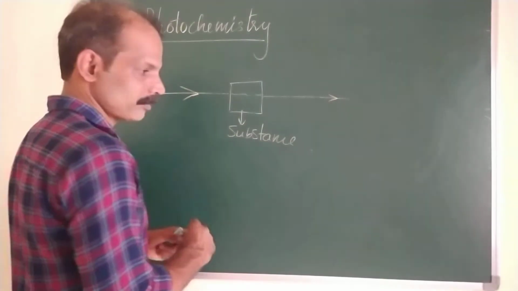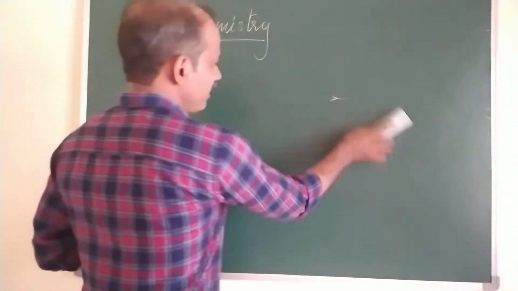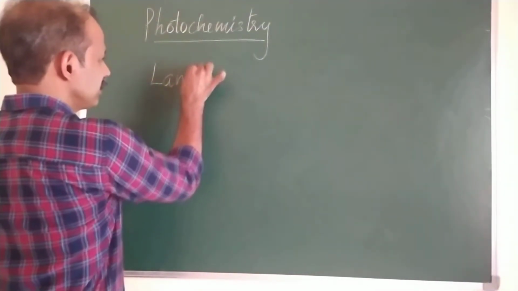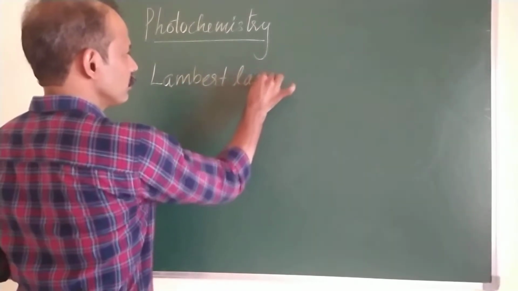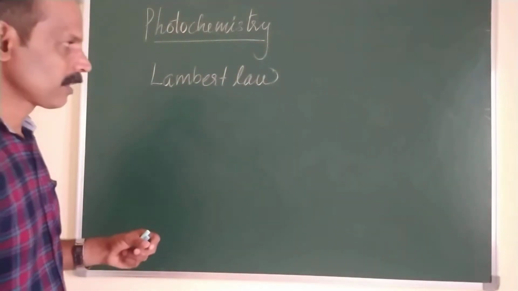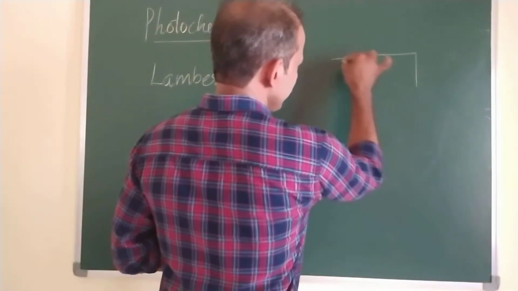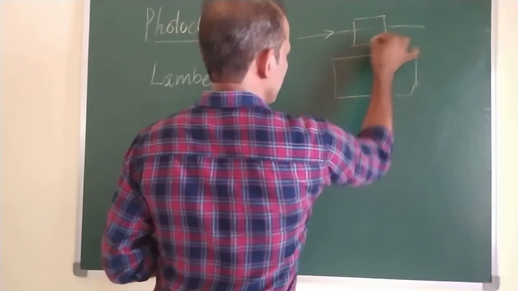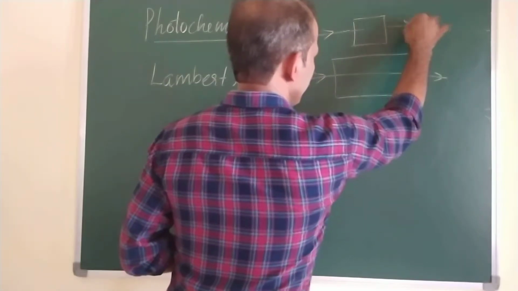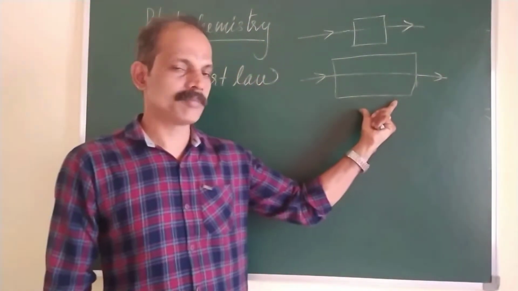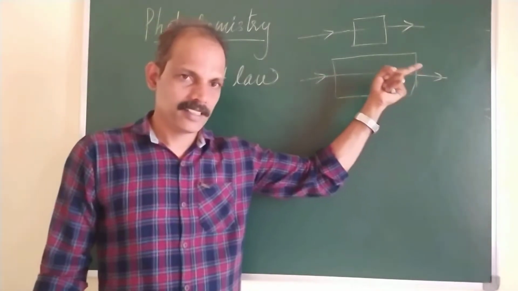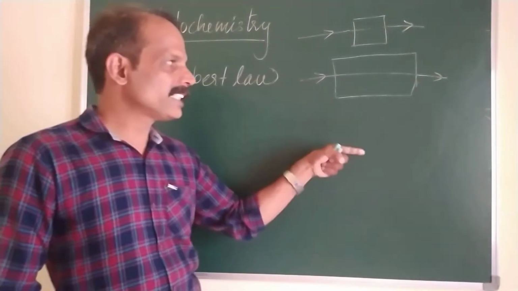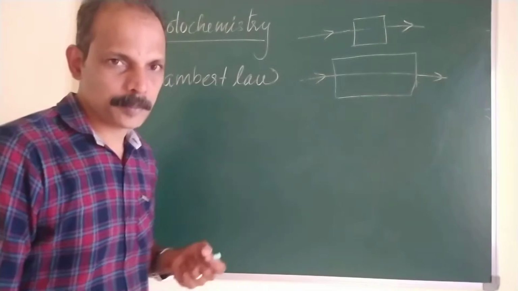Beer-Lambert law. First one is Lambert's law. As the thickness of the medium through which the radiation is passing increases, the intensity goes on decreasing, or the decrease in intensity also increases.